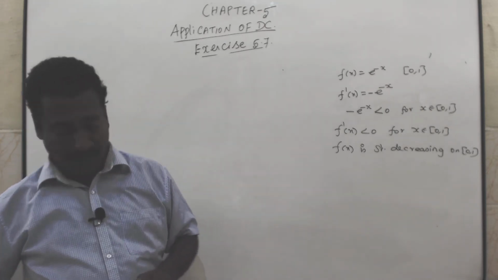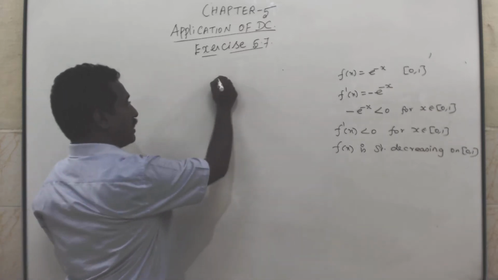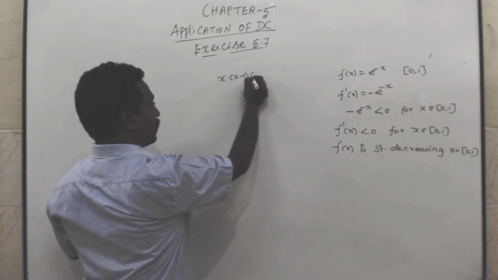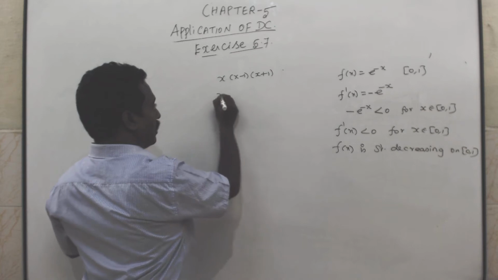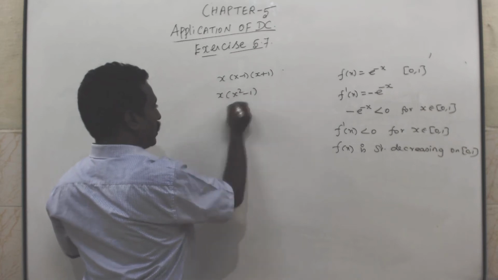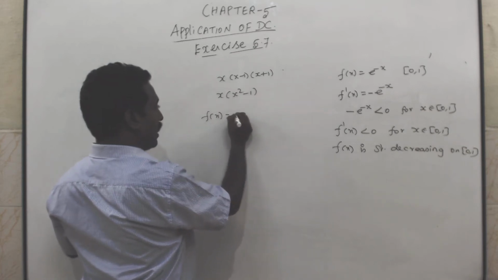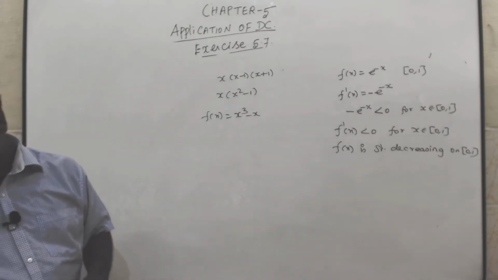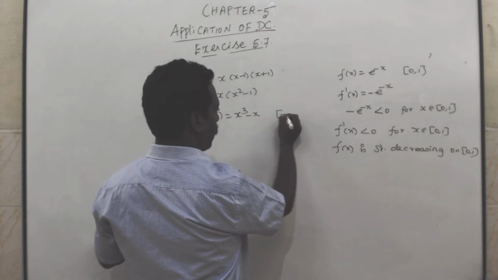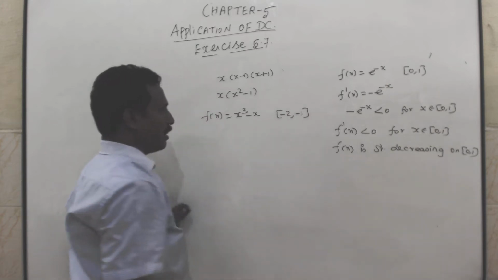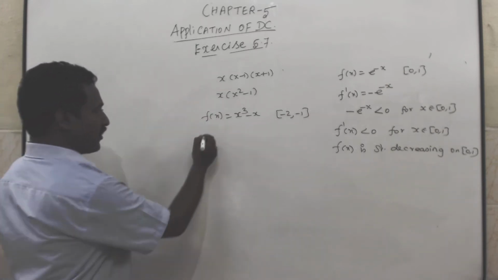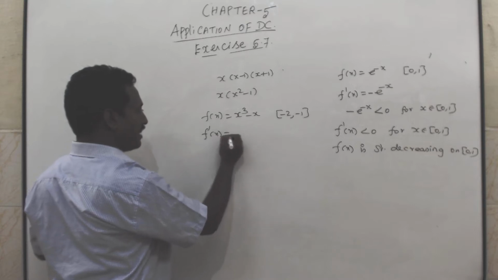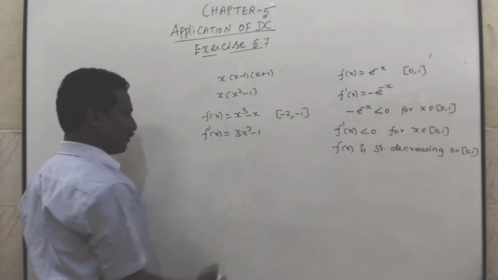The next problem: x into (x minus 1) into (x plus 1), that is x into (x square minus 1). f of x equal to x cube minus x. The interval is minus 2 to minus 1. f dash of x is 3x square minus 1.